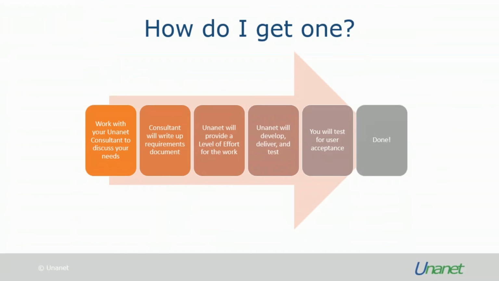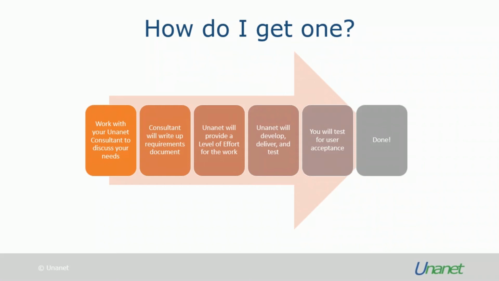Go ahead. So now the main question that comes into our mind is, I want a VSP, and how do I go about it? What do I need to do? So you need to work with your Unanet consultant to discuss your needs, and then they will write a requirements document based on your needs, review the requirements document with you, and bring it to the developers team.